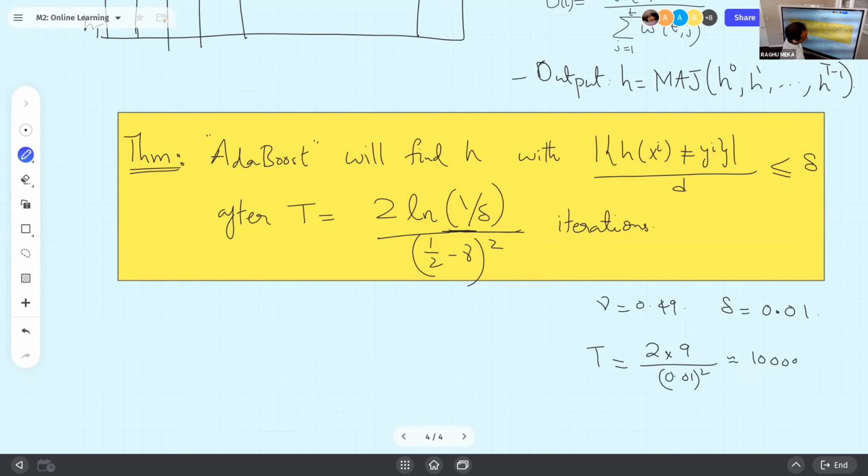After so many iterations, I'm converging to something which is 99.99% accurate. And if I start with something which is 60% accurate, then I converge even faster. So this is like 1800.